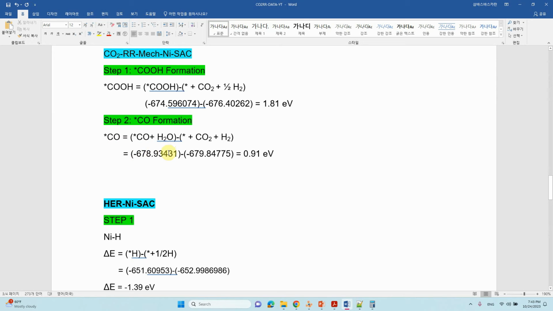Then here we add one equivalent of H2. So if you add this H2 energy and the CO2 intermediate, you will get this energy.